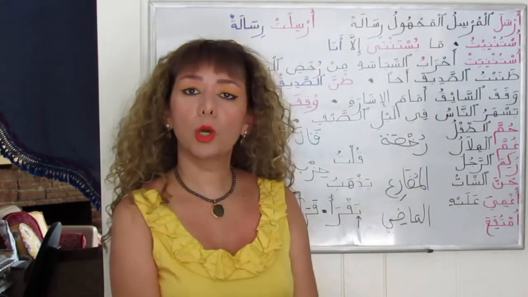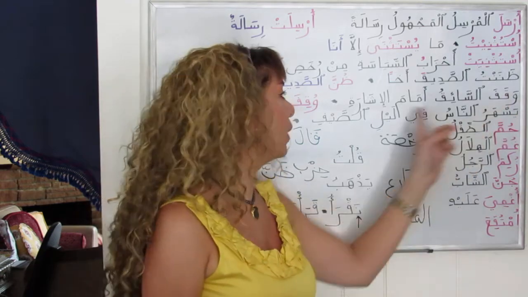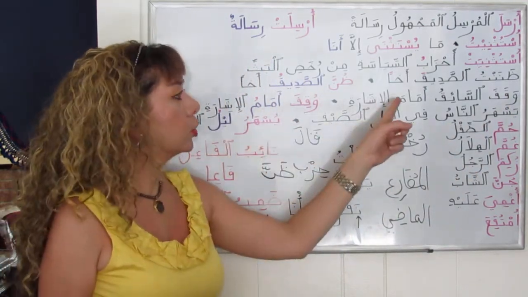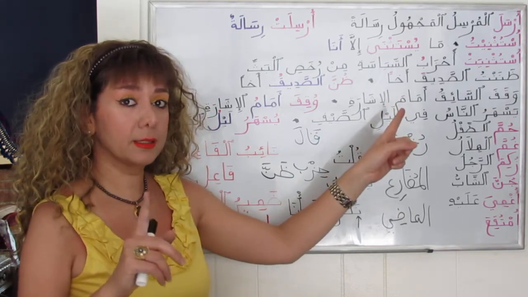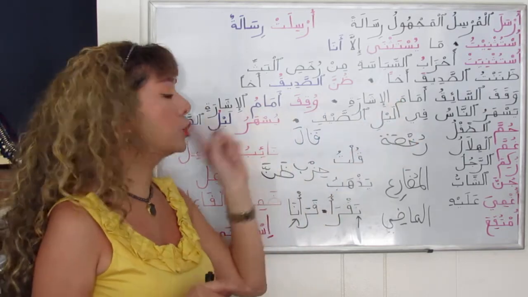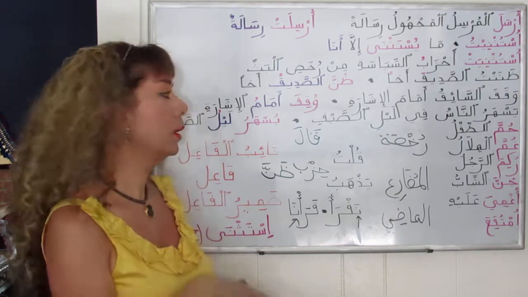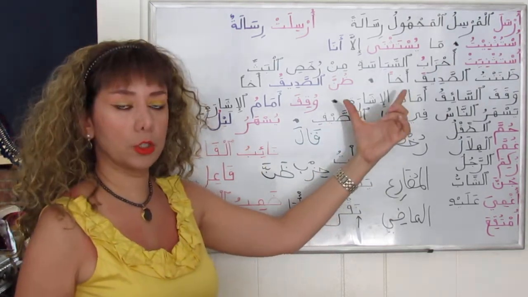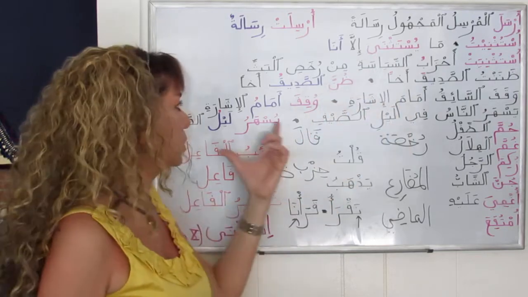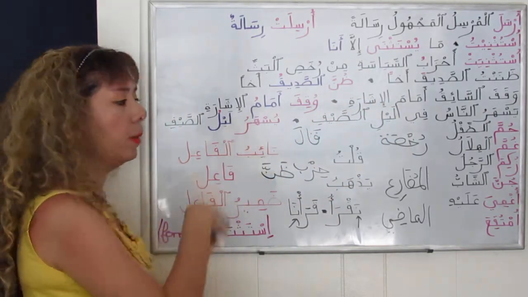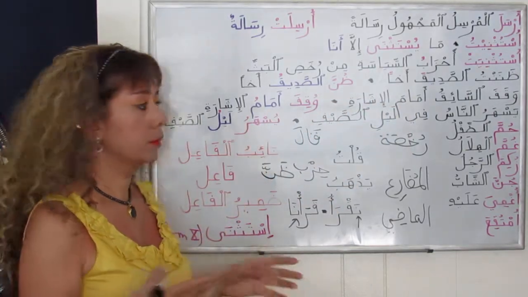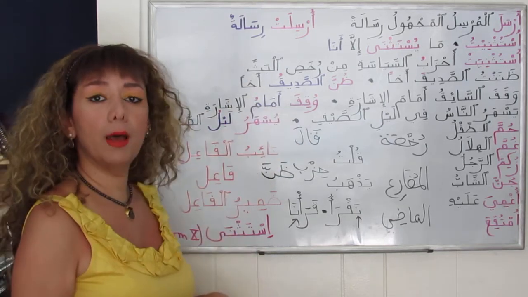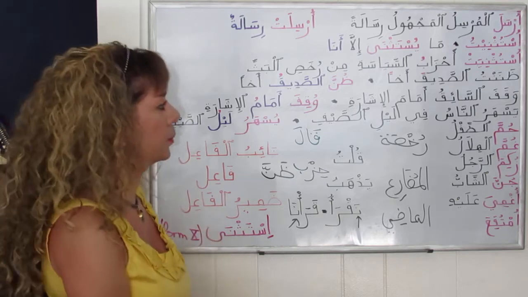So how is this going to work? So وقف. It will inflect. The fatha will change to ضمة. أمام الإشارة. This is an إضافة construction, so we will bring the whole clause. وقف أمام الإشارة. So this is the نائب الفاعل, this adverbial clause.